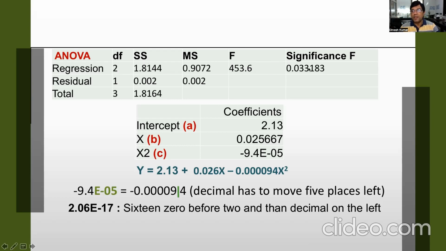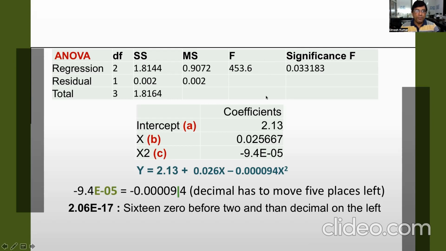However, here the probability level is given at which it is significant. So you can multiply this value by 100. It is significant at 3.3%. 3.3% means it is also significant at 5%, but it is not significant at 1%.